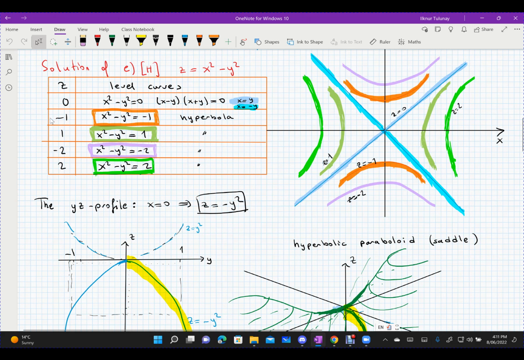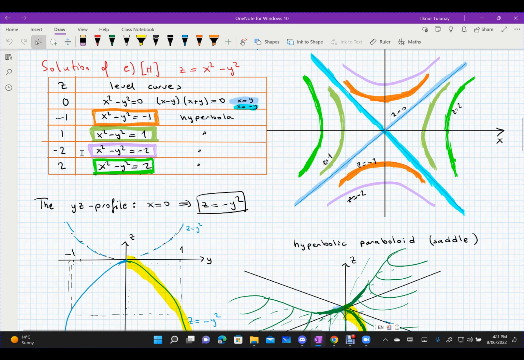For z is equal to minus 1, we will have a hyperbola, x squared minus y squared is equal to minus 1. That's the orange color that I used. For z is equal to 1, we have the hyperbola, this one.